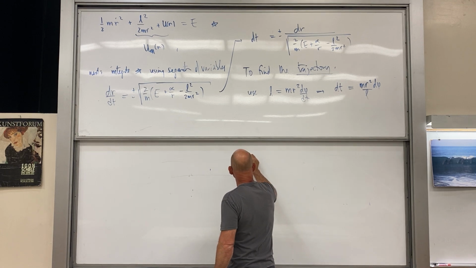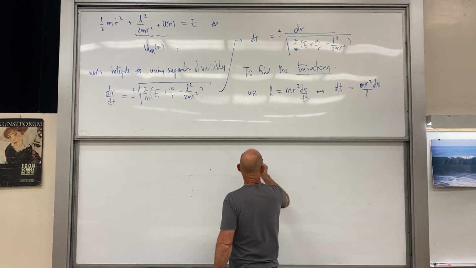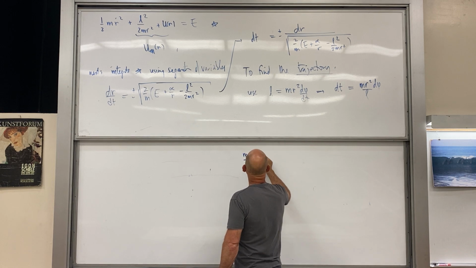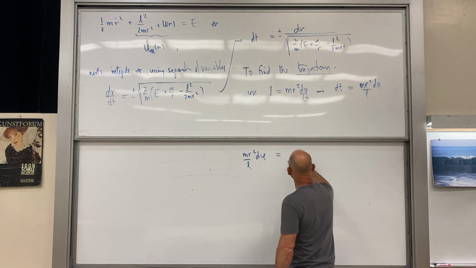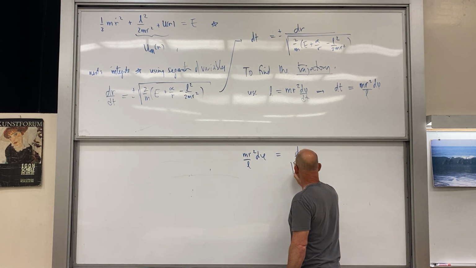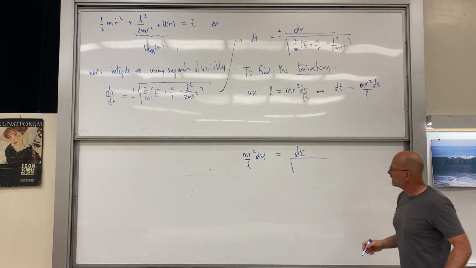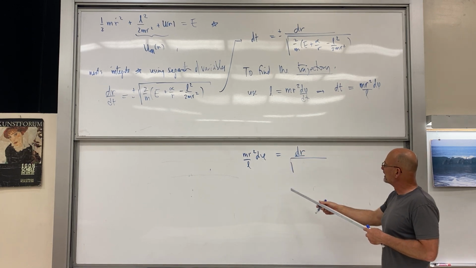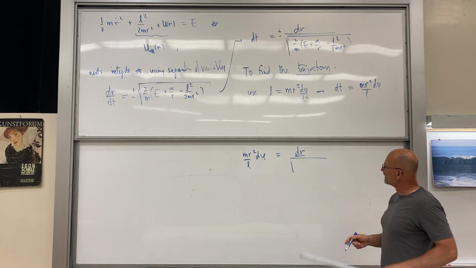So we have m r squared over L d phi is the dr divided by this thing right here. So we're going to get phi on one side and r on the other.